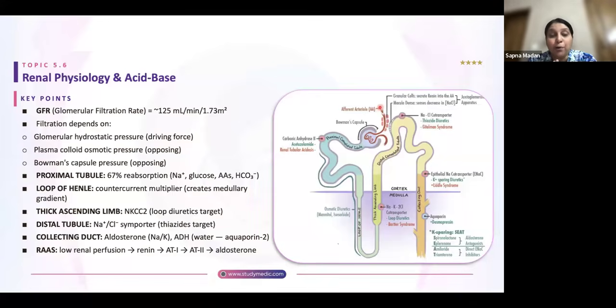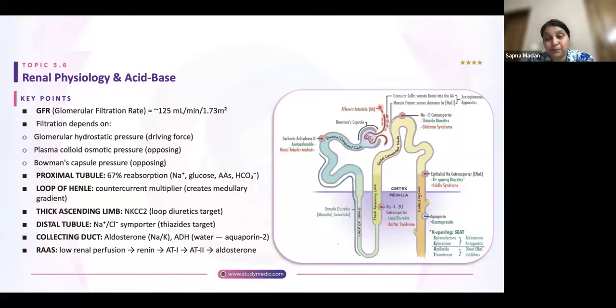Proximal tubule is where 67% of the electrolytes, the glucose, and the amino acids are reabsorbed. So if in the exam you're confused about what is getting absorbed where and you really don't have any clue, then the safest option would be to go for the proximal tubule.